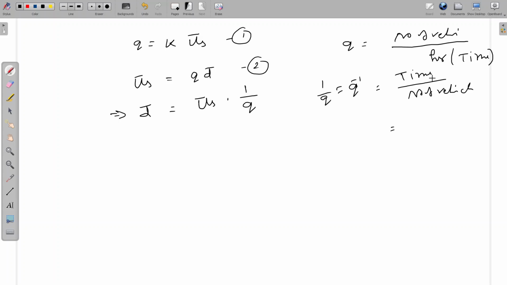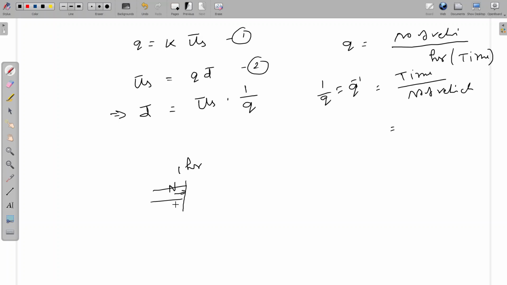So if you know the total time spent and divide by the number of vehicles, what will you get? Average. In a particular road section, suppose I am collecting data for 1 hour and I have seen that n number of vehicles have crossed.